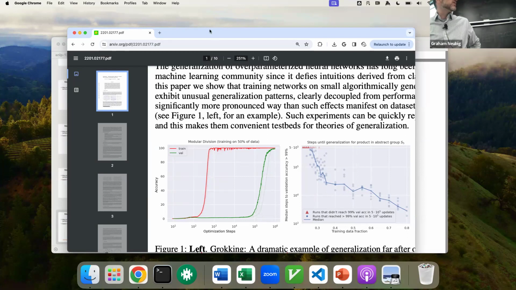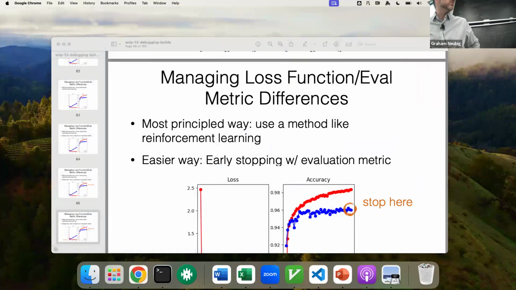The types of data sets this paper talks about are data sets where you need to get many things in a row correct before you get the final answer correct. So you need to get like 20 steps in a row or 50 steps in a row correct before you get the final answer correct.